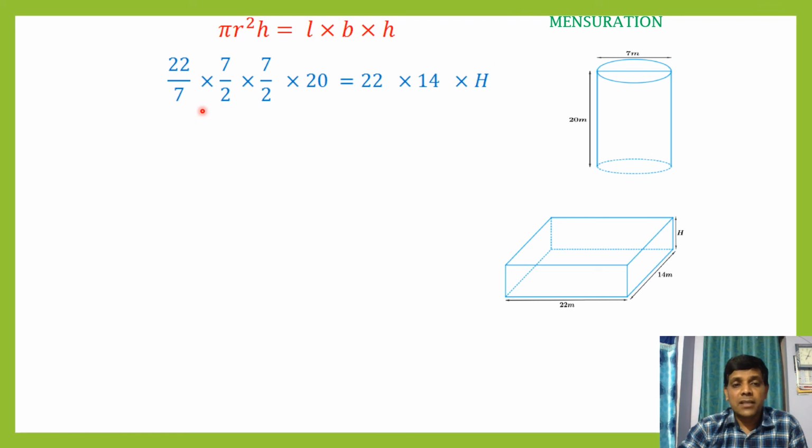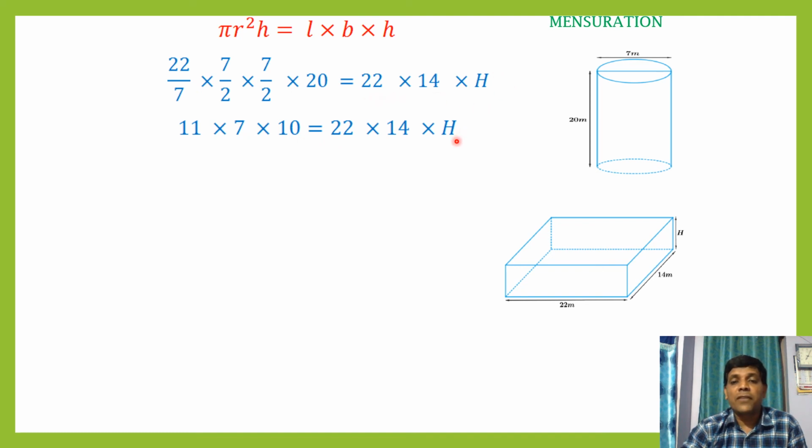Now cancellation. 7 cancels. 2 ones are 2, 11 twos are 22, so they cancel. 2 ones are 2, 10 twos are 20, so they cancel. What remains is 11 into 7 into 10 equals 22 into 14 into h.